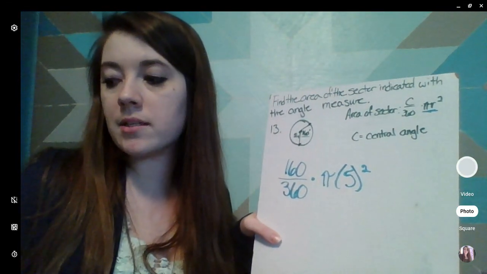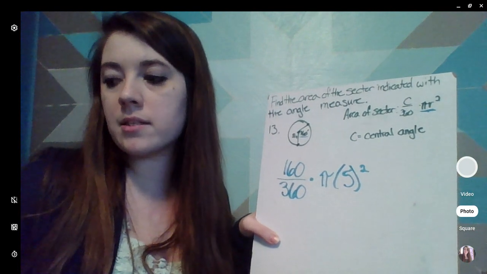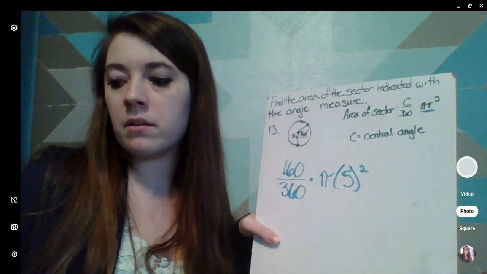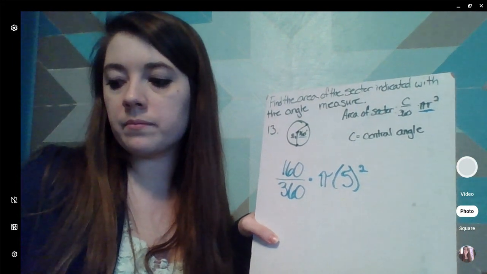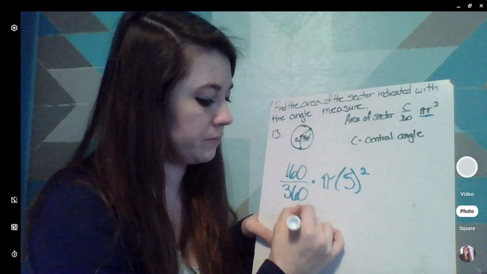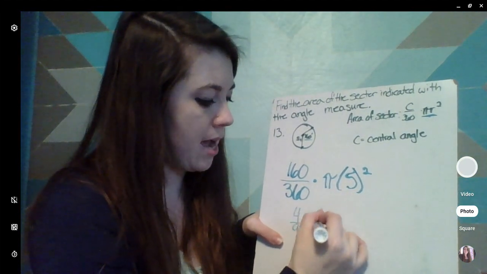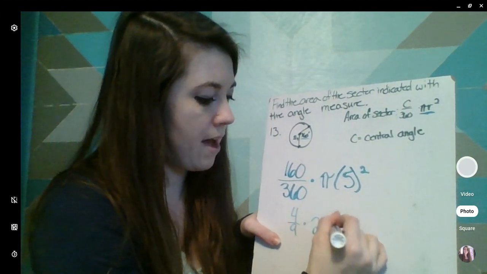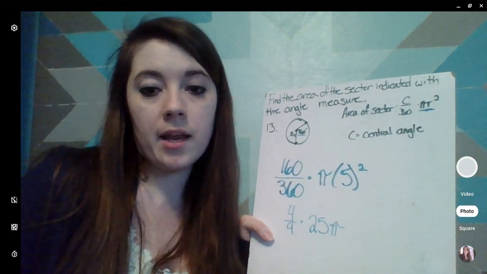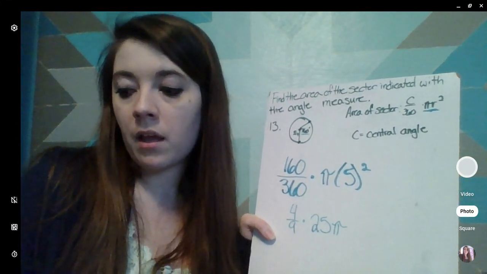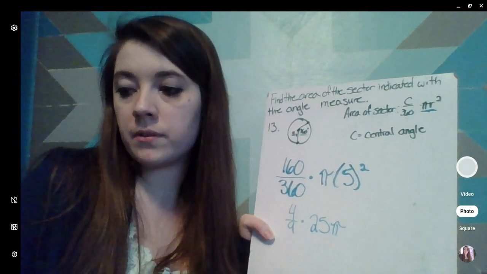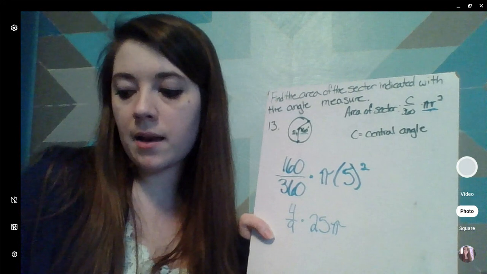So 160 over 360 is 4/9 times 25 pi. So now you're just going to multiply 4/9 and 25 together. So times 25. And then times that by pi.